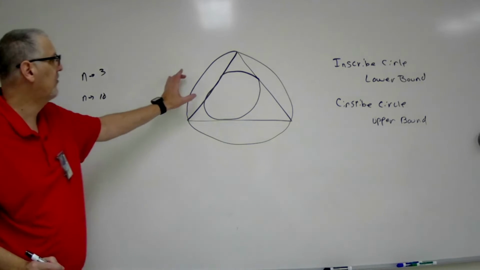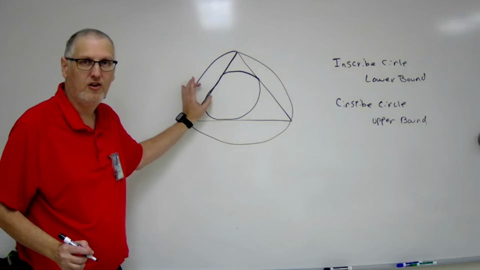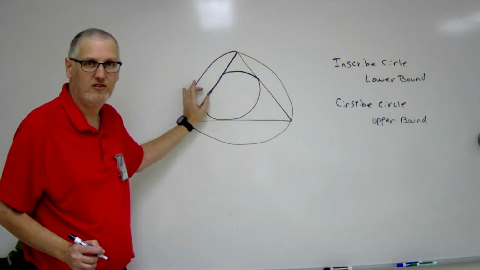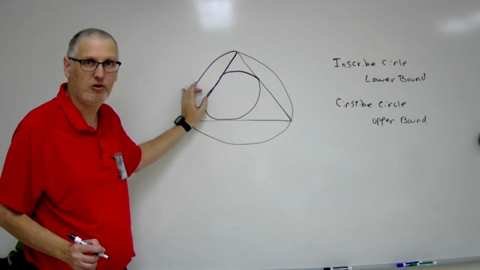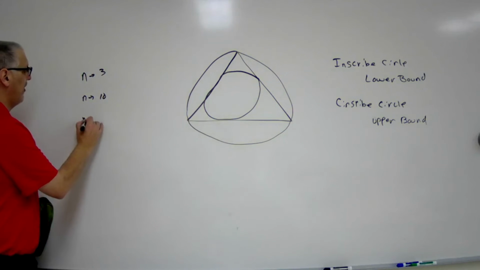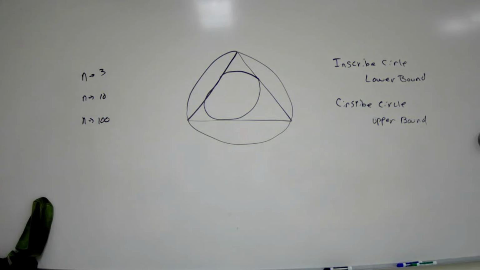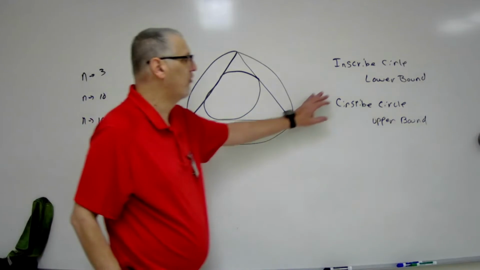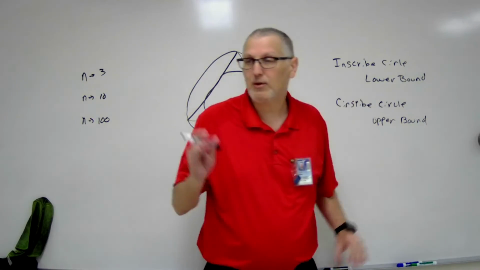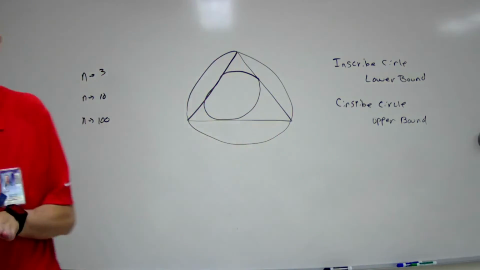Would these circles start drawing together on a decagon? All right? What about if I have a 100-sided figure? Would they start getting closer to the actual area? Now all of a sudden that lower bound and upper bound are going to be really close, right? But this still guarantees that the area is somewhere in between.